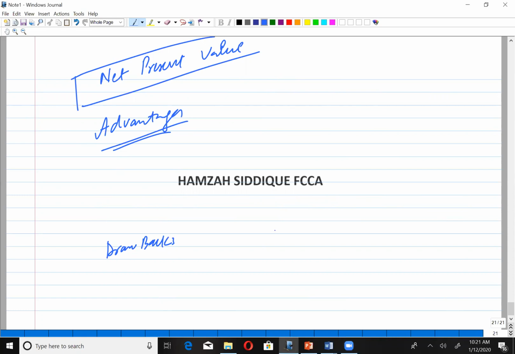Advantages. First of all, it is cash flow based. Second, it considers time value of money.